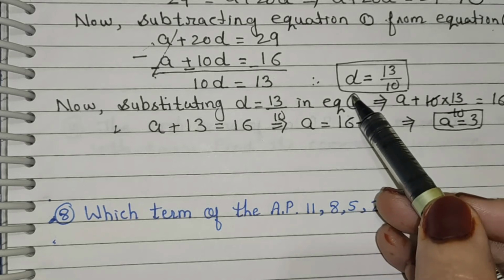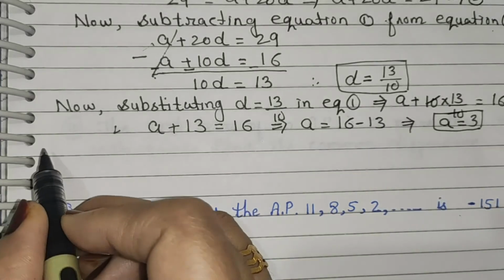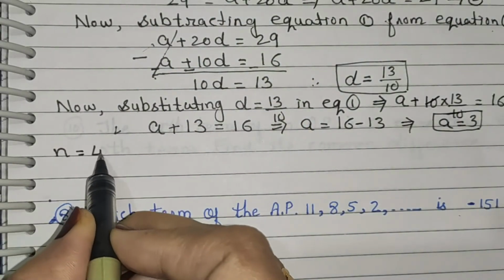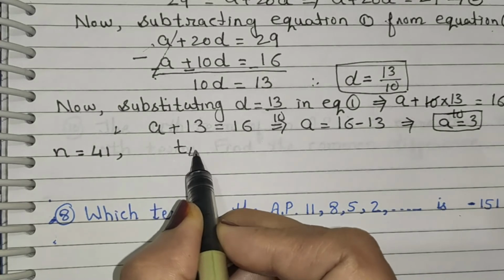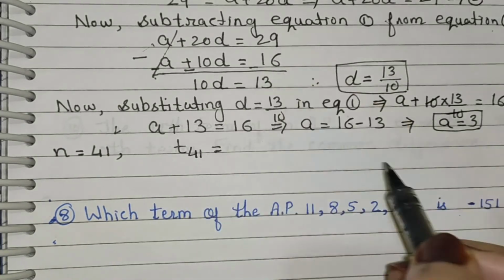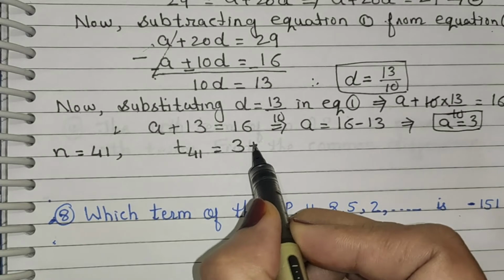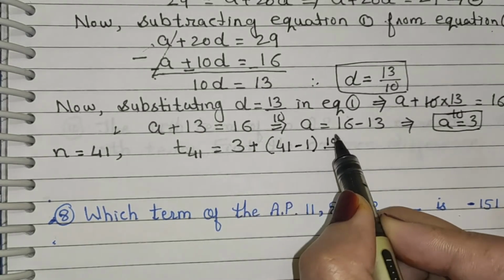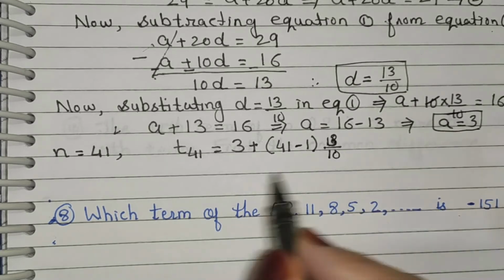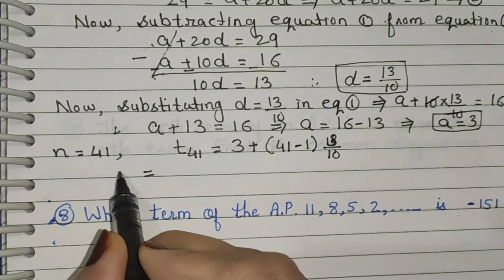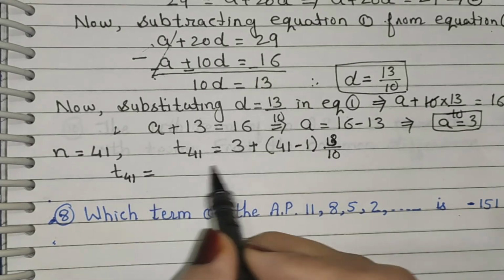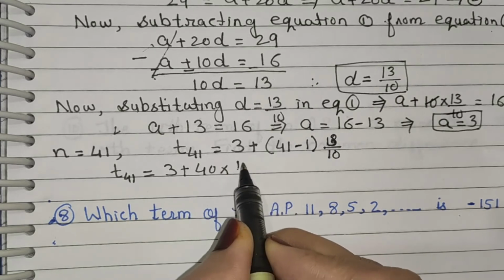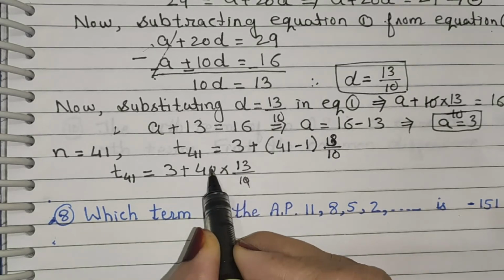Our aim is to find the value of T41. Now in the given formula, substituting all the values here, we get T41 is equal to A, the value of A, 3, plus n minus 1, 41 minus 1, into D, 13 upon 10. Now solve it. T41 is equal to 3 plus 40 into 13 upon 10. Now 0 and 0 cancel.